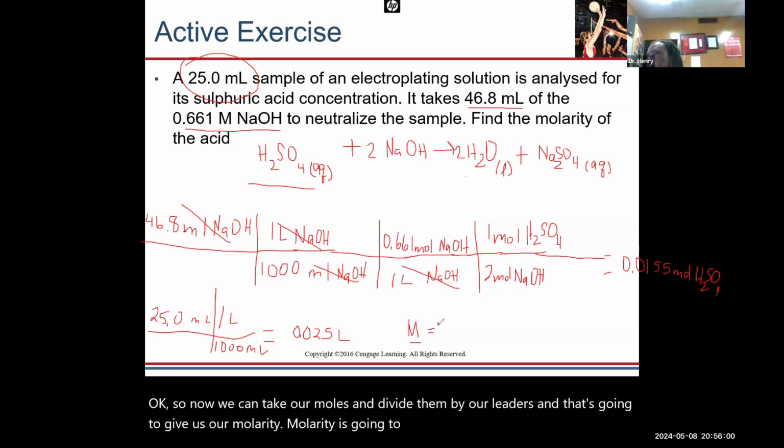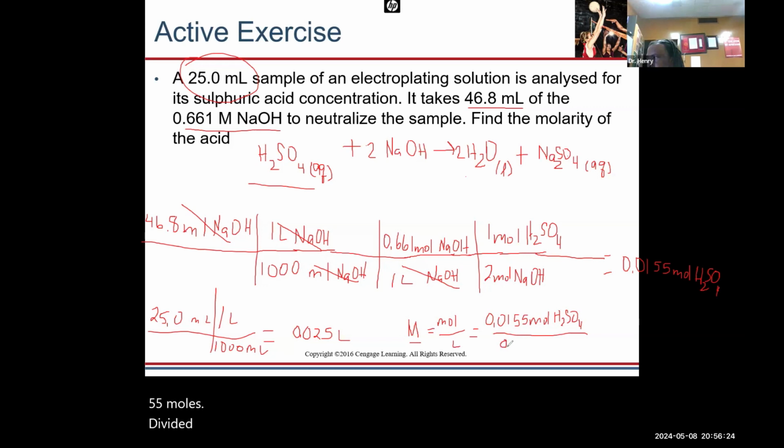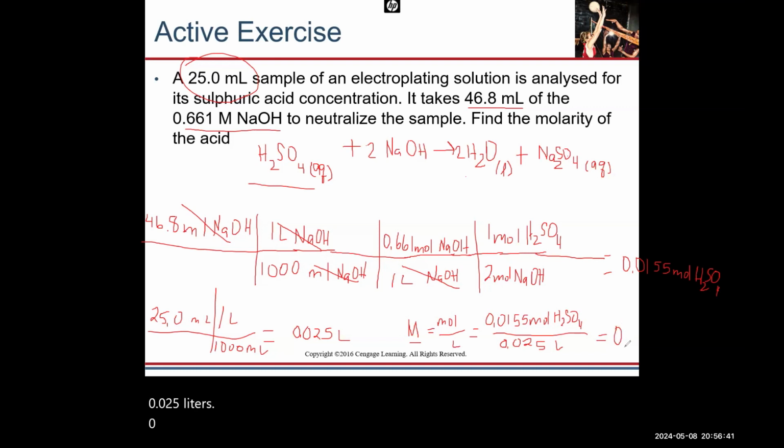Molarity is going to be equal to moles over liters, which is going to be 0.0155 moles divided by 0.025 liters. 0.62 for molarity.